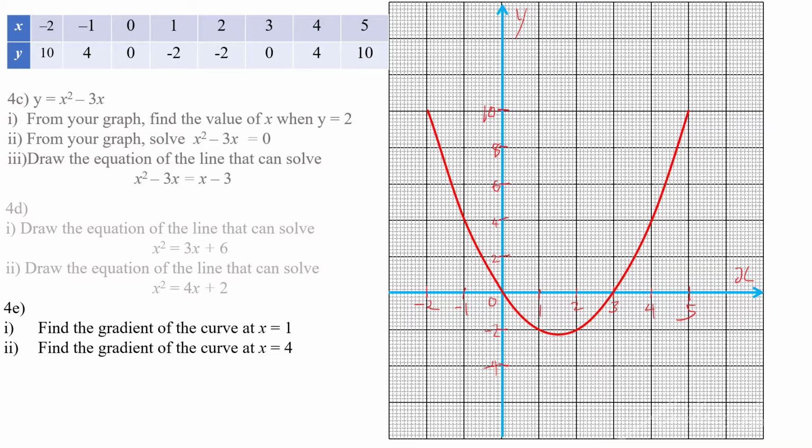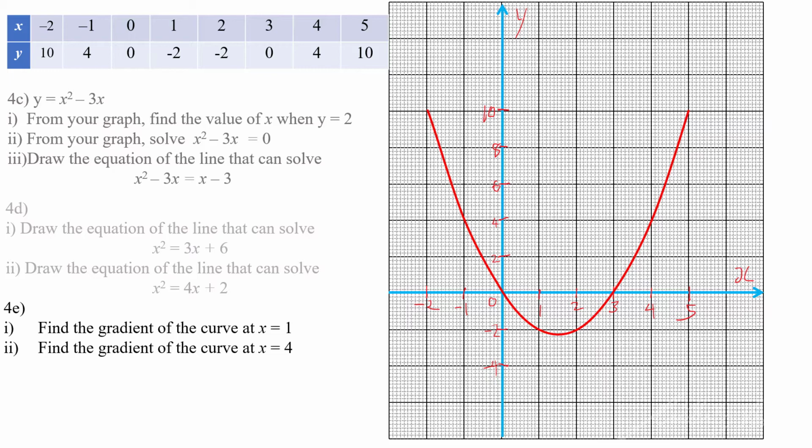So let us take a look at the first question, or rather question 4. I'm again going to use graph 4 to 6. You can practice them. So we are supposed to find the gradient of the curve at x is equals to 1, as well as gradient of the curve at x is equals to 4.